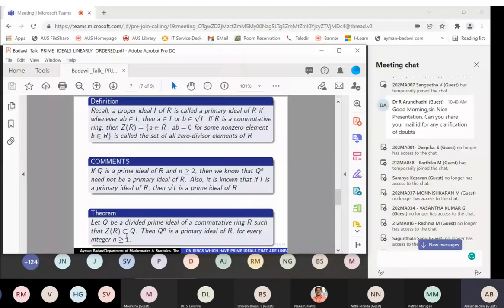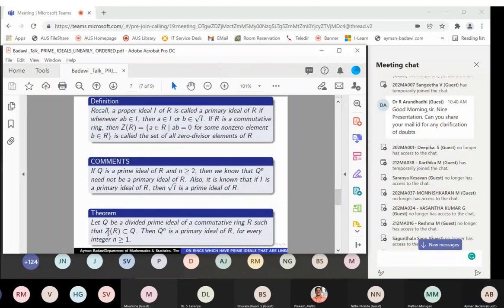The zero divisor elements have to be a proper subset of Q. If equal, then this result may not be true. So it was a very crucial condition, proper here, not subset or equal, so that this is not a typo.